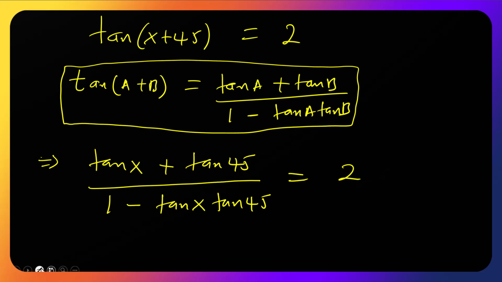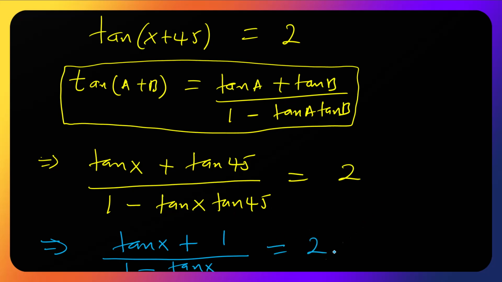So don't forget that tan 45 is 1. So the numerator will be tan x plus 1 on 1 minus tan x, because this one is 1, equals 2. So you can make this side over 1 and do cross multiplication.